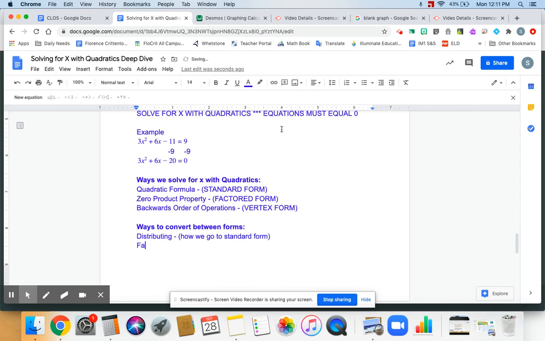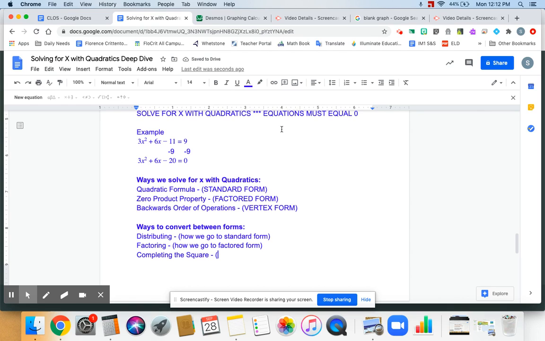I can also use factoring to convert between forms. And what does factoring get me to? Factoring is how we go to factored form. And finally, the third way we can go between forms is something called completing the square. And what is completing the square?